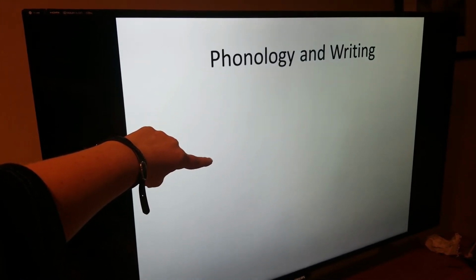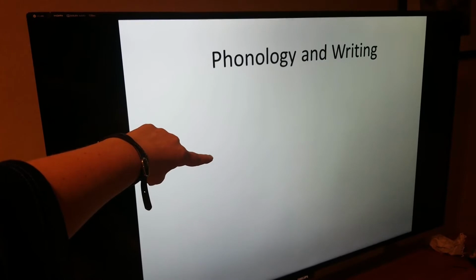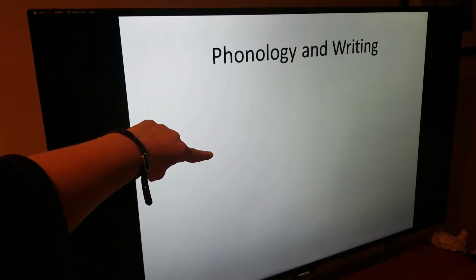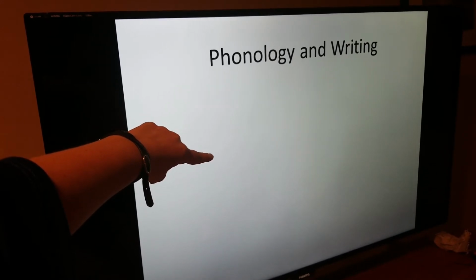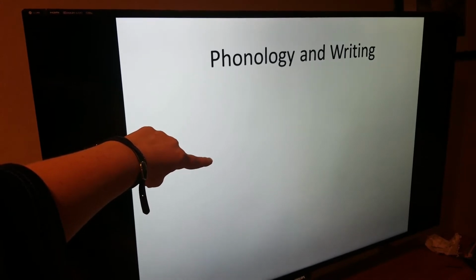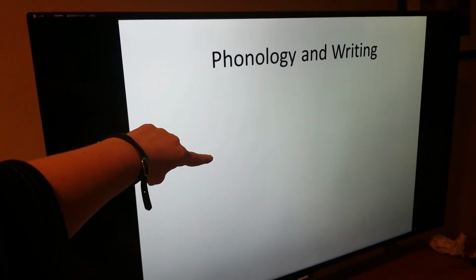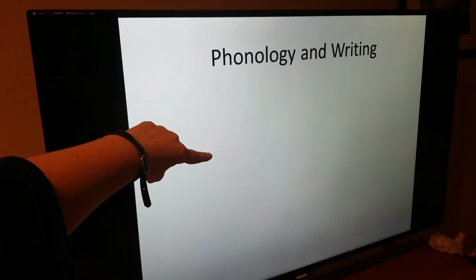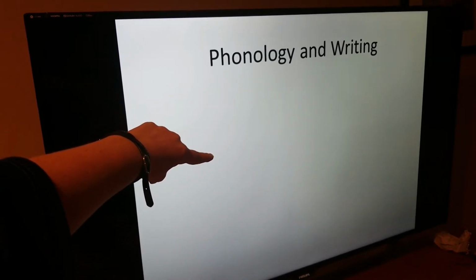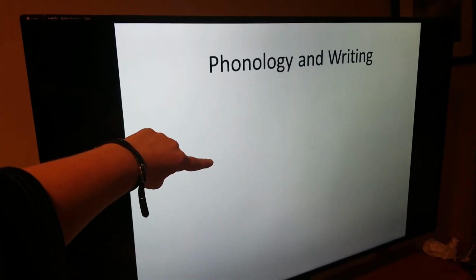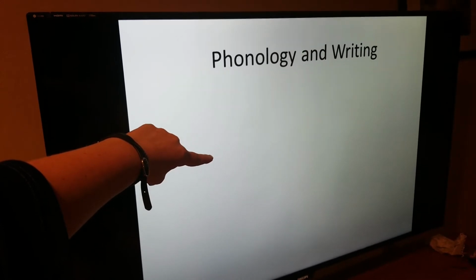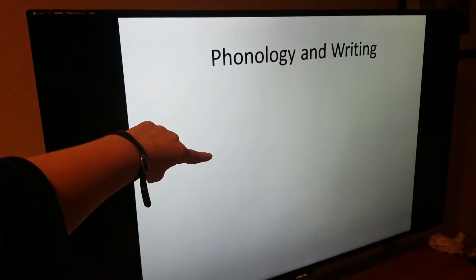So in 1444, the king at the time decided that he was going to get a group of scholars together, and he was going to make sure that the common people could write and read, because he would create something that was easier to learn. And so the group of scholars got together, and basically they created the language of the common people so that the common people could write and read in their own language.